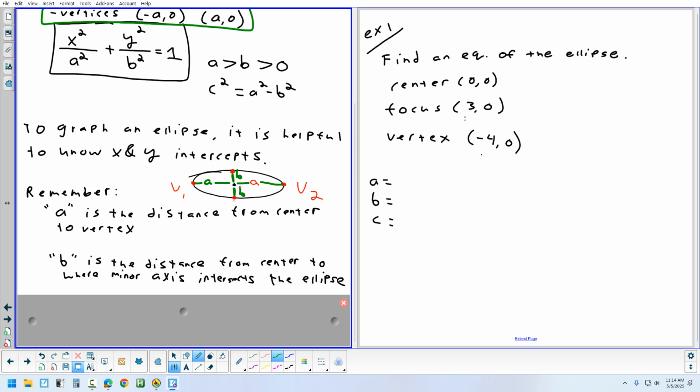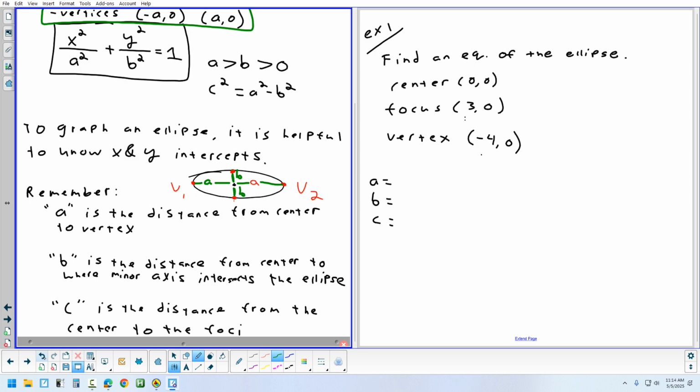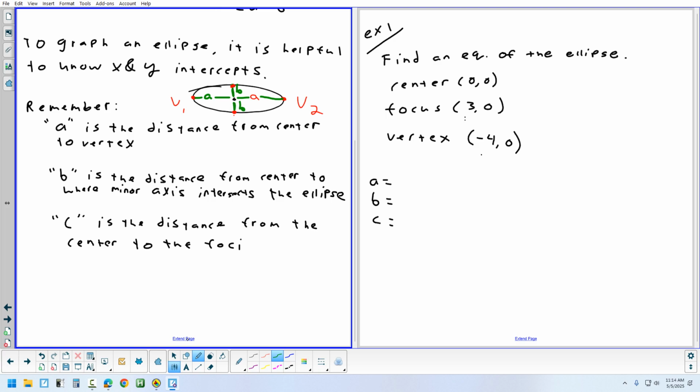Now C. C is the distance between the center and the focus. Okay, I'm not going to keep drawing because that picture's kind of got a lot of stuff in it. The focus is somewhere inside the ellipse, like there and there.